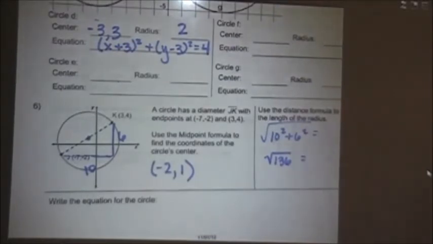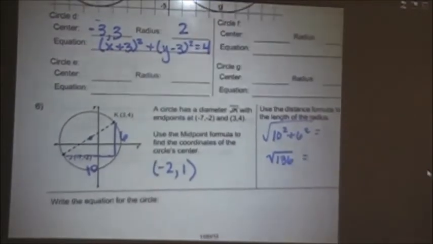Okay, when I take the square root of 136, let's see, 136 doesn't break down, it isn't a perfect square. So I'm just going to leave it as the square root of 136, and I'll explain why.